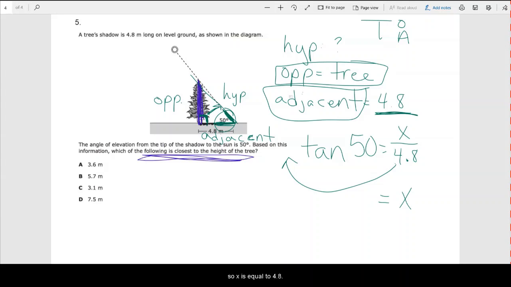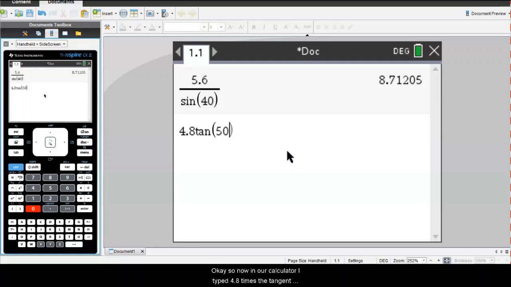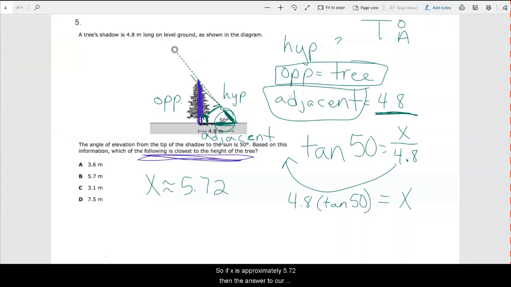So x is equal to 4.8 times the tangent of a 50-degree angle. Running that through the calculator, I typed 4.8 times the tangent of 50 degrees, and I get 5.72. So if x is approximately 5.72, then the answer to our question is B, 5.7.